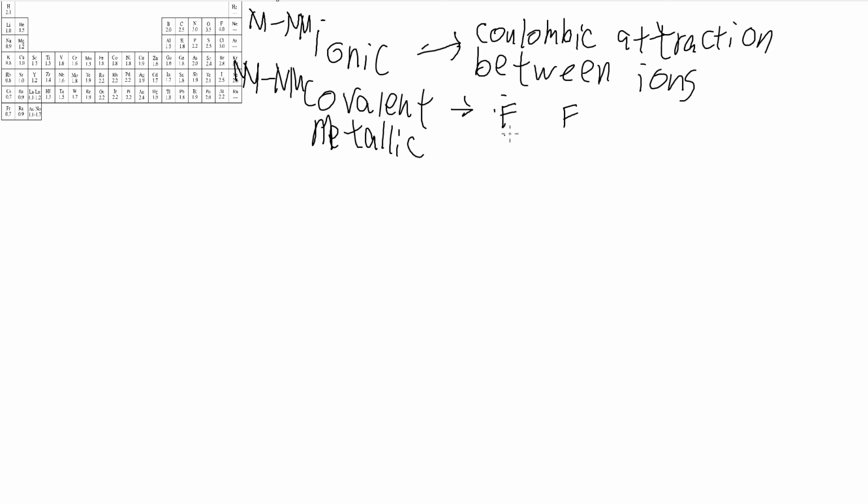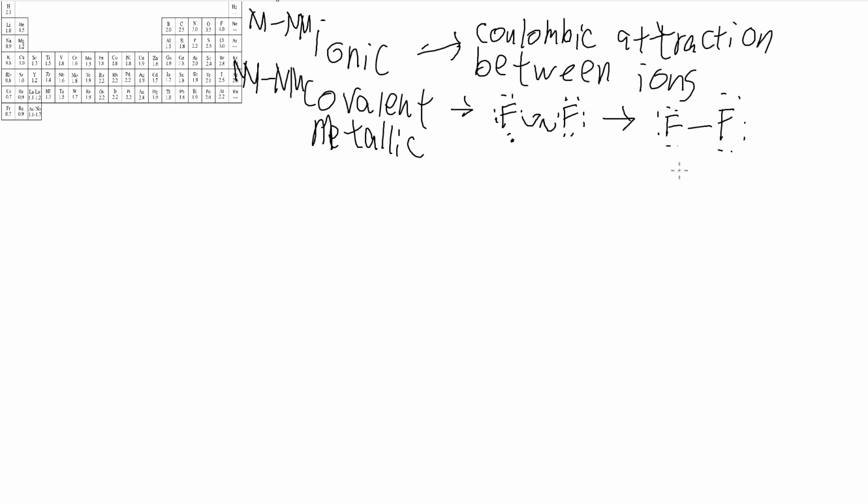Fluorine atoms have 7 electrons each, and they each want 8. So what this can do is put the 2 electrons in the middle so that they share, okay? These 2 harpoon arrows represent 1 electron being moved to the middle. And so this forms a covalent bond between fluorines, like so.